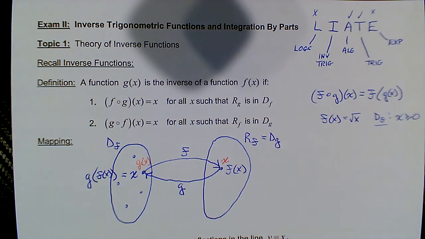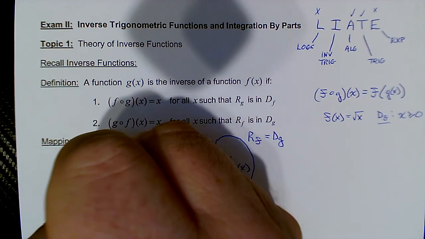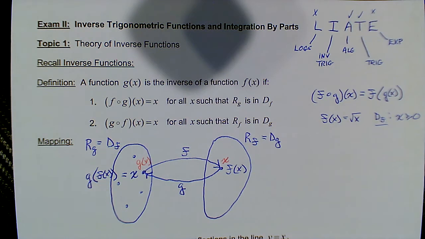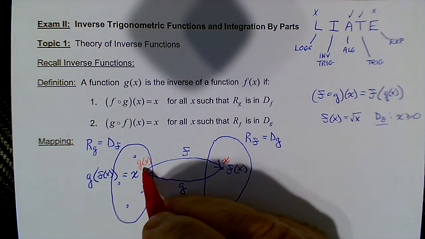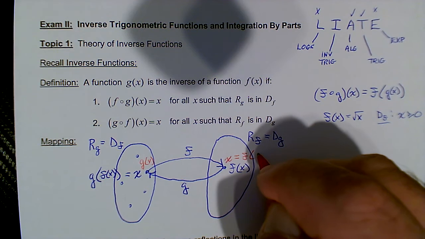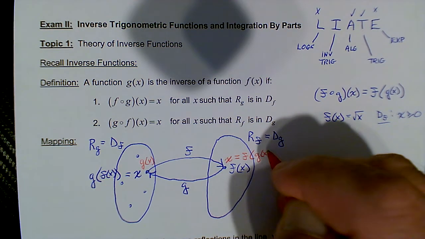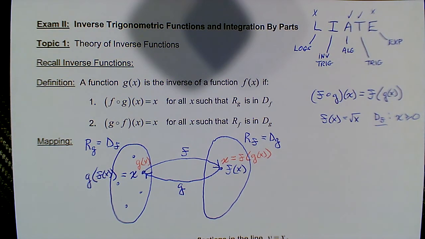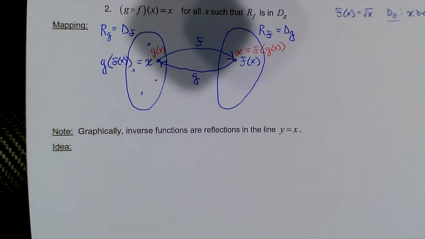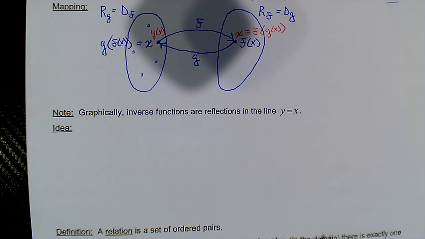But then if f is the inverse, that would undo whatever g did, and as long as the range of g is in the domain of f, then sending that element g of x through f should bring us back to the element x, and that's f of g of x. So that's a nice way to picture the abstract thought of the composition. But basically, the inverses will undo whatever the function does, right?